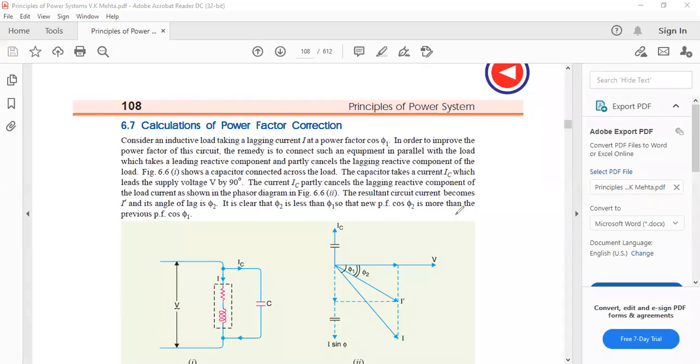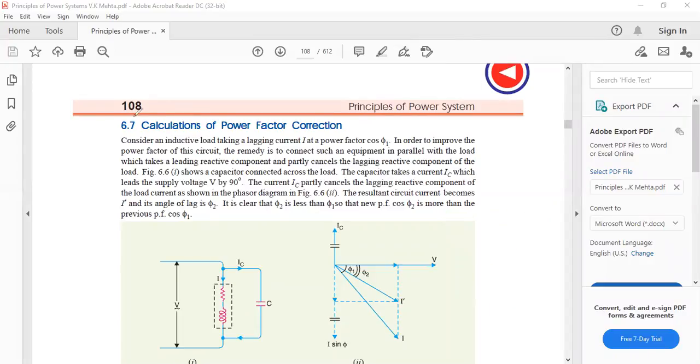Previously, the angle between the voltage and the current of your inductive load is phi. After installation of the static capacitor, the angle is reduced, and if the angle is reduced, the cosine of that angle will be a better value.